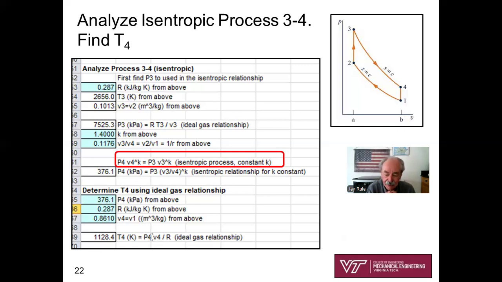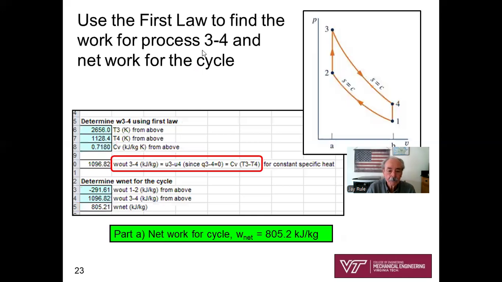Now that I've got T4, I can now write the first law for process 3 to 4. Okay, and so let's see. First law, I've circled it again, refresh my memory. Q in from 3 to 4, well, that's 0, reversible adiabatic, minus W out from 3 to 4 equals U4 minus U3.